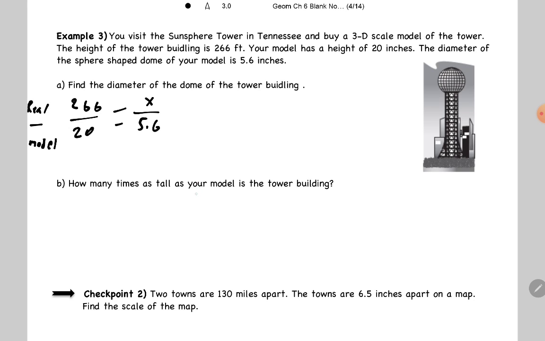So cross multiply. 20x equals, let me get a calculator, 266 times 5.6, 1489.6.